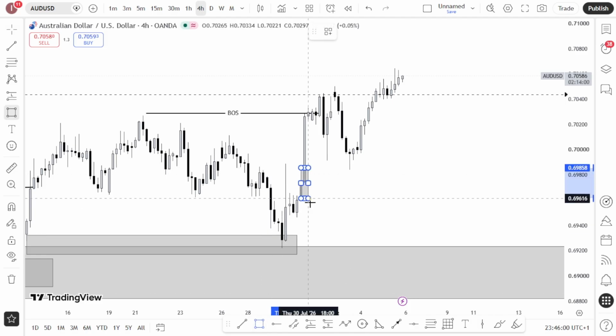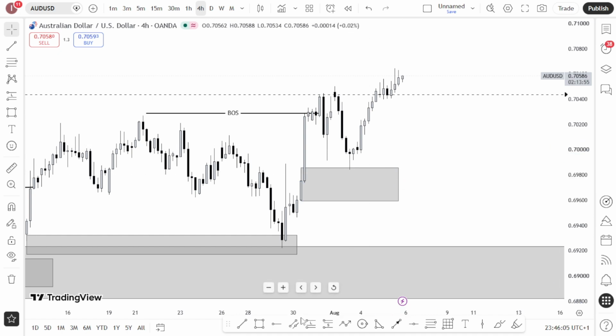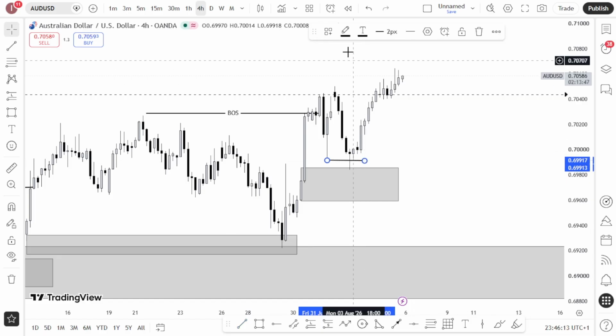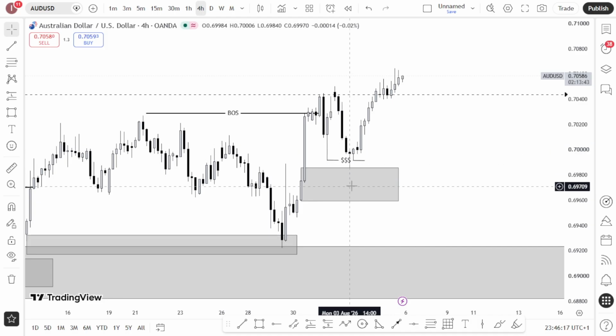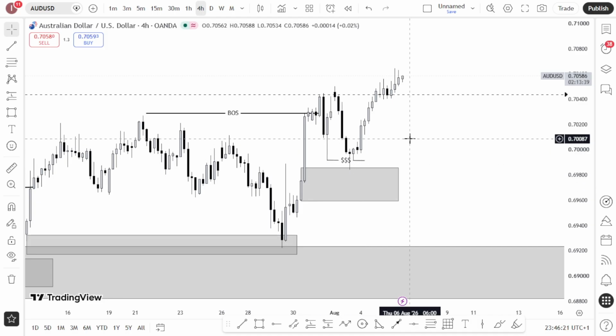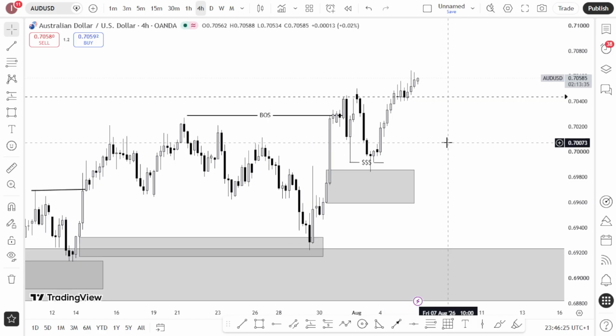So after doing my analysis, and I saw this recent breakout structure here, and I identified this order block, then I highlighted this as the engineered liquidity that price was supposed to sweep before tapping into this zone. Alright, so I actually took an aggressive entry on the 4-hour time frame.